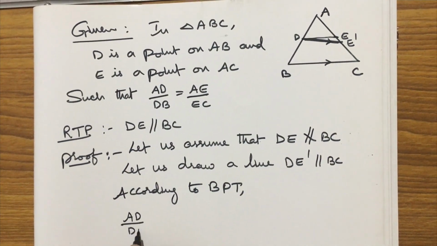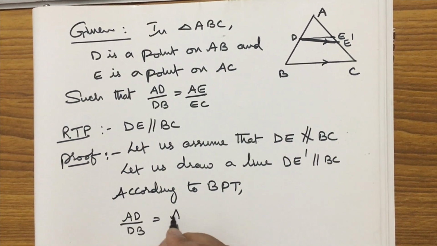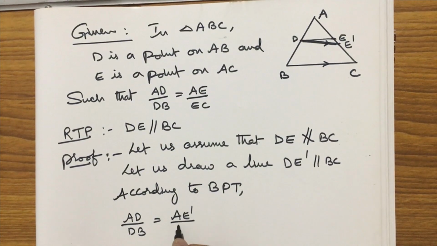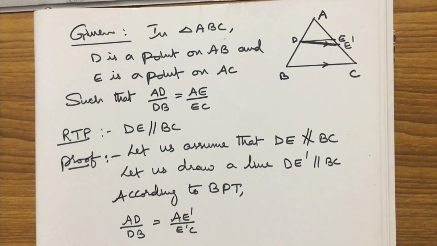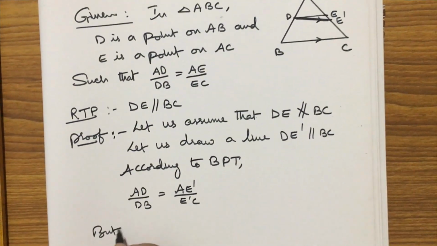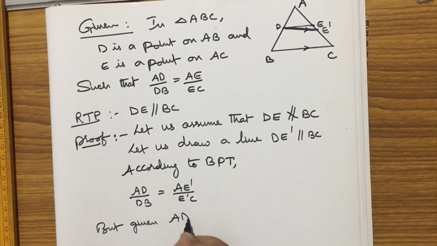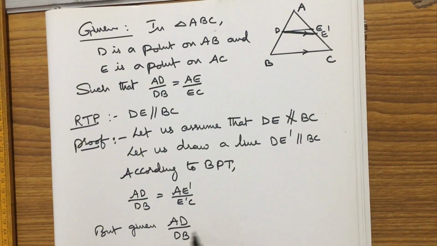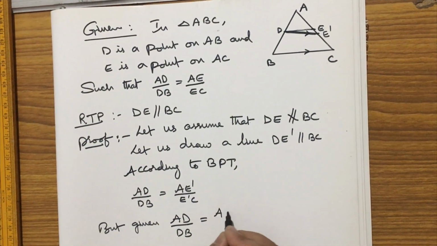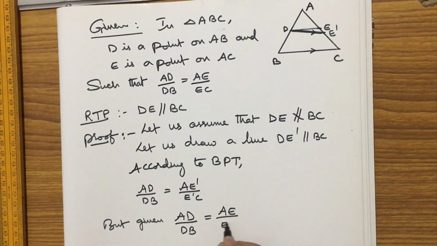So AD by DB is equal to AE dash by E dash C. But what is given here? It is given that AD by DB is equal to AE by EC.